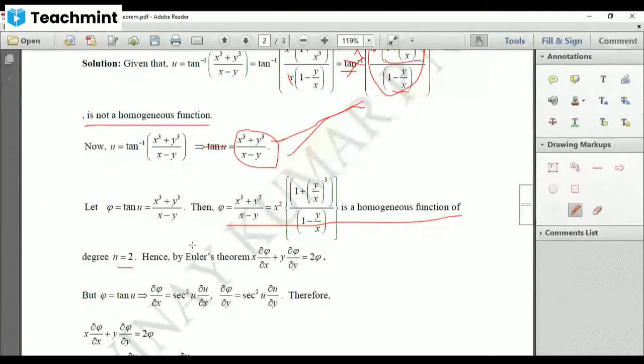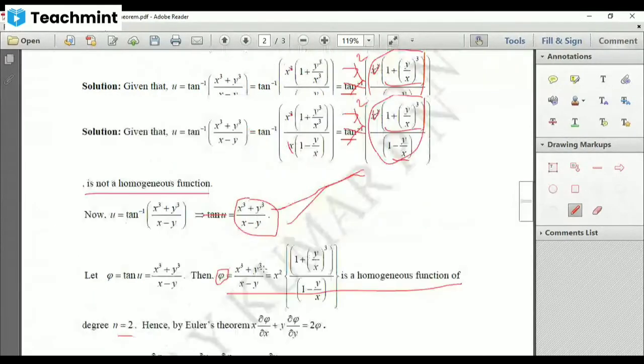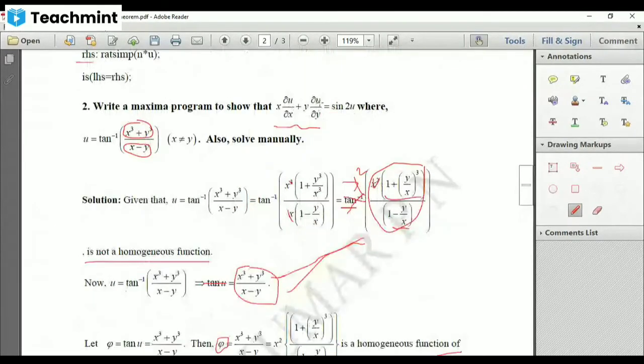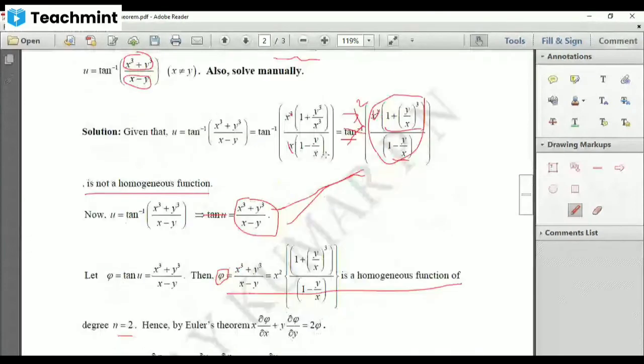We know that we can apply Euler's theorem for homogeneous functions. So which one is your homogeneous function? Phi, not u. So by Euler's theorem, x into dou phi by dou x, not dou u by dou x. We need to get dou u by dou x and dou u by dou y here, but your u is not homogeneous, so we cannot apply it directly.